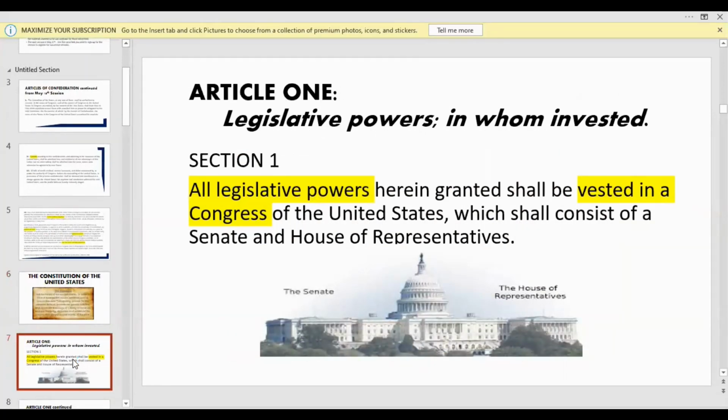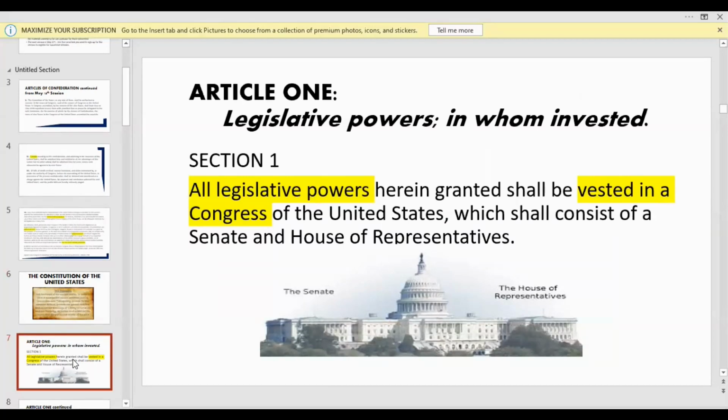Article 1 of the Constitution, and before I get too much farther, I want you to pay particular attention. The first article of the Constitution creates the legislative branch, Congress. The second article of the Constitution creates the executive branch, the presidency, which is the president and all of the people under him.